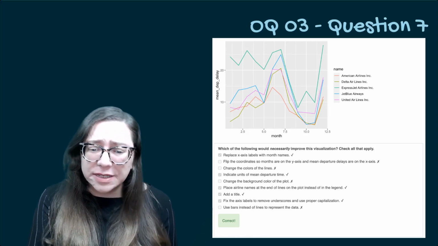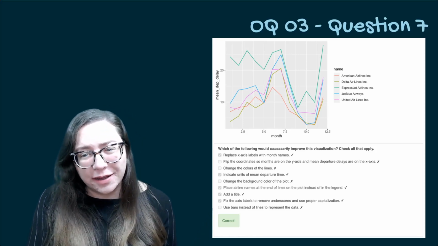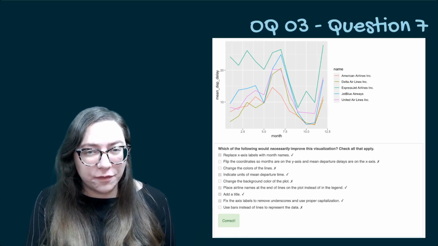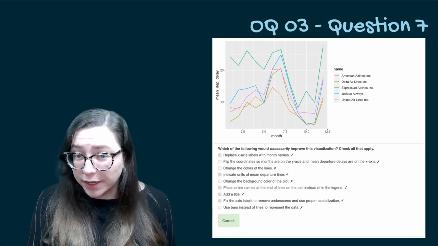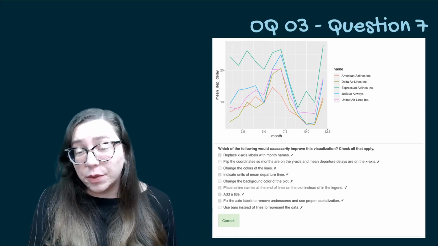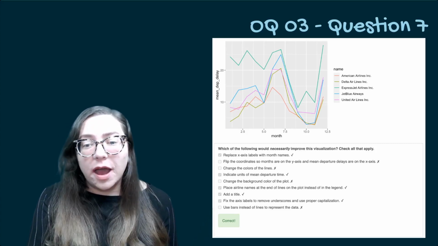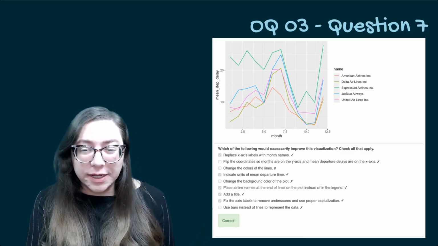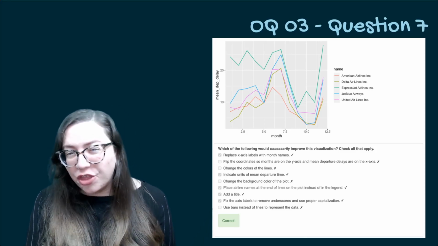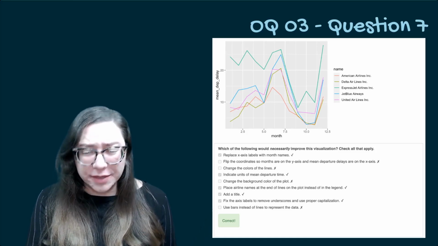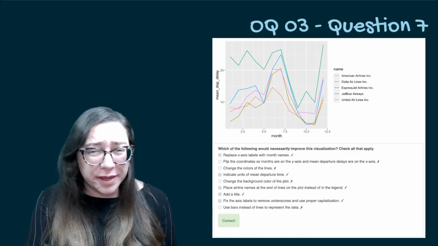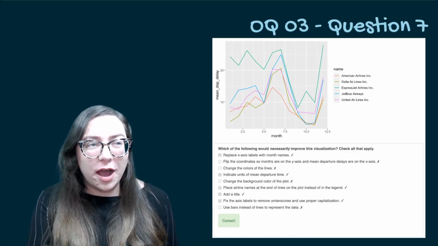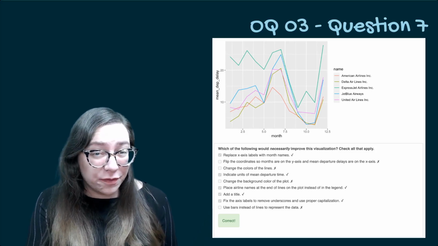And using bars instead of lines to represent the data, I'm having a difficult time even picturing what a bar plot for this would look like. Generally, a bar plot is something we use when we have categorical data, or if we are thinking about bars in a numerical data sense, which is like the month here, that is represented as numbers, perhaps that would be a histogram, but both of those are for displaying counts, so neither of them would work.